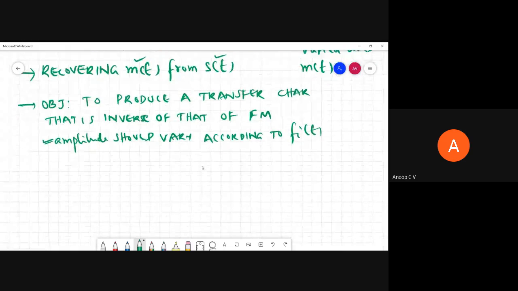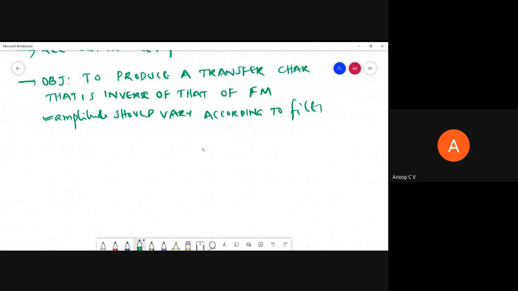Now, what is our S of t FM signal? We'll assume our FM signal, which we'll represent as S of t, and let the carrier frequency be FC and the bandwidth be BT.